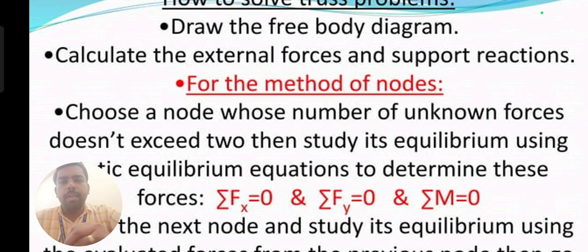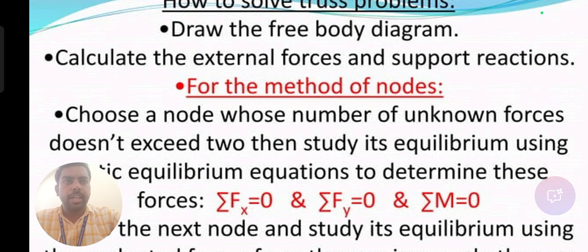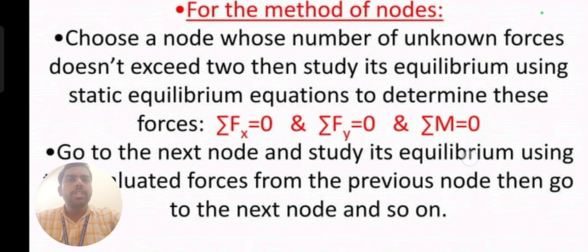On that diagram, we find out how much load acts on the beam and what reactions result at the supports. In that situation, we use the nodes method. In this method, first you have to find out how many nodes are involved in that particular truss.